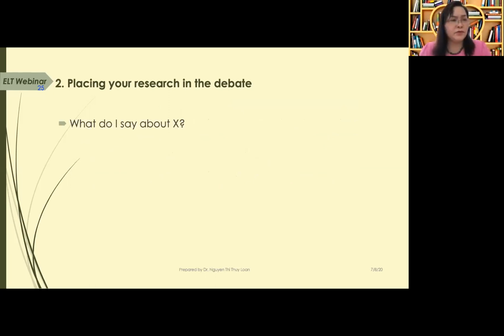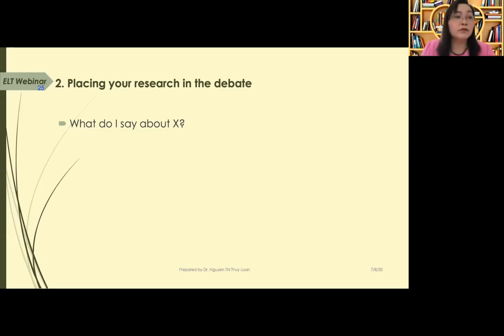You need to know what your theoretical perspective is. For example, in the paper, the writer writes about written corrective feedback, which means correcting student writing. The writer was in support of the benefit of correcting student writing, even though people in the literature say no, it is not beneficial.